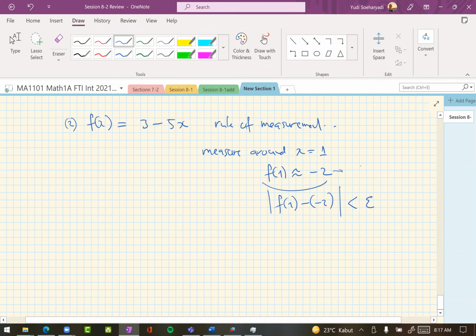This means that the measurement of f at 1 has some error. So the question is, what should be the measurement of x near 1?